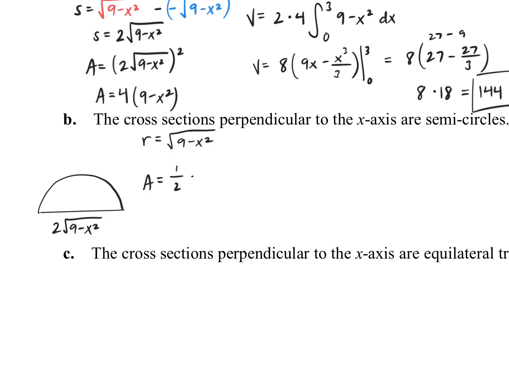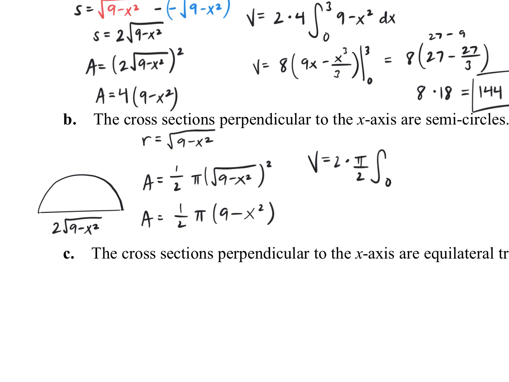Area 1/2 pi times the square root of 9 minus x squared, squared. So that's really just 1/2 pi times 9 minus x squared. We good so far? Volume is just the integral, we're going to double it, right? So it's going to be 2 times, I didn't give myself enough space there. I'm going to bring my constant out, so that's pi over 2 times the integral from 0 to 3 of 9 minus x squared dx.